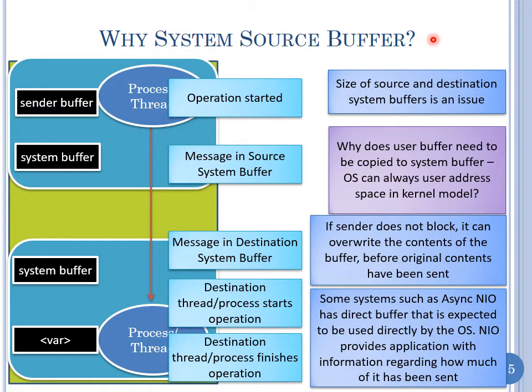There's a data structure in the buffer to indicate how much of it has been written, how much of it has been read by the system. That's for efficiency reasons. It does have the danger that the application may misbehave, but as long as the application doesn't misbehave, we can have our cake and eat it too. So that's actually a concept that NIO has, that the original Unix sockets didn't.